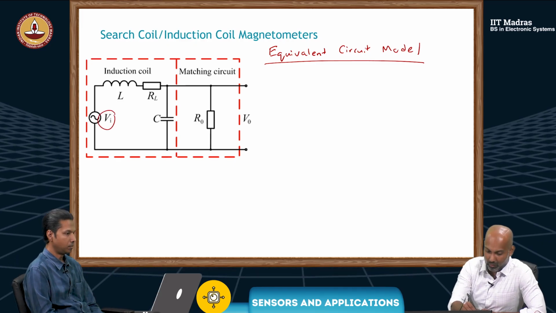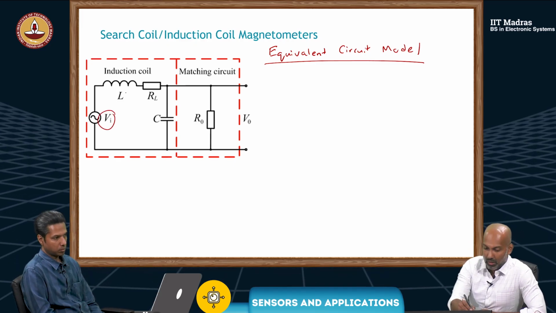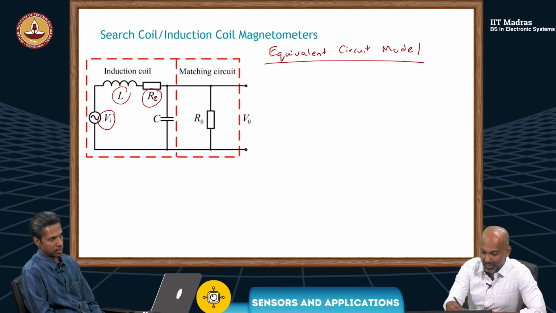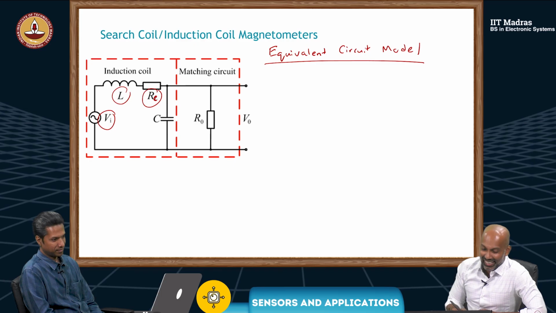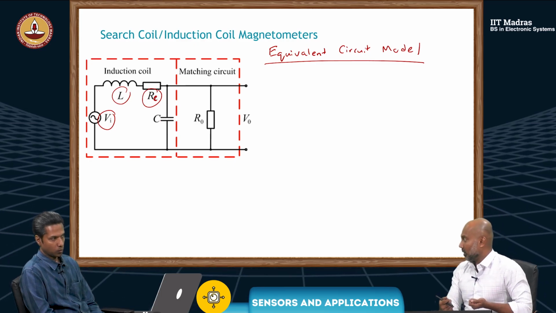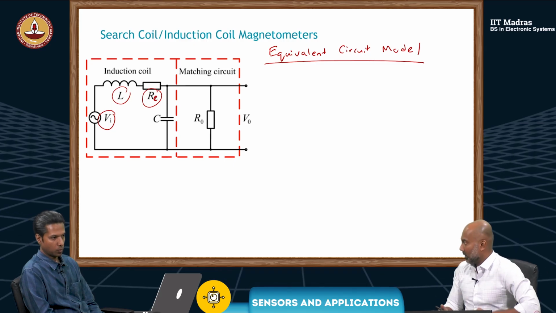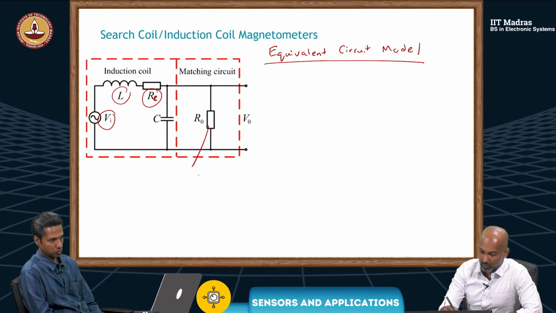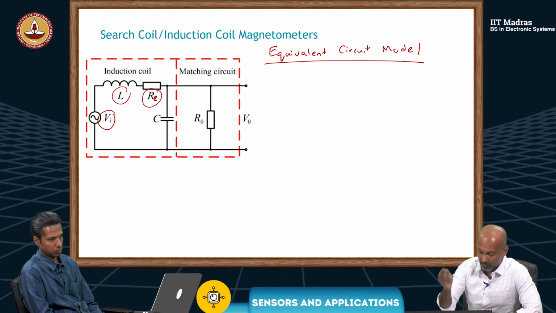You have your induced voltage, your inductance, the coil resistance, the capacitance, and then you measure the voltage output through some load. This is a matching circuit, written up here.